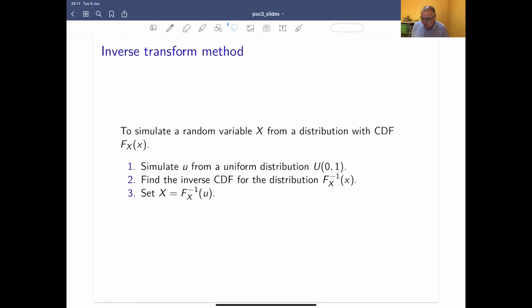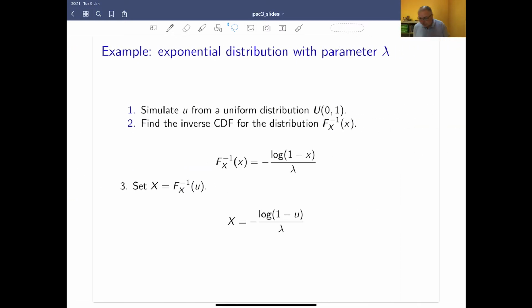The next thing we do is we take our CDF and we calculate its inverse, which I denote F_X to the minus 1. Then all we do is we apply that inverse CDF to U. And those numbers will spit out observations from the distribution that X has.